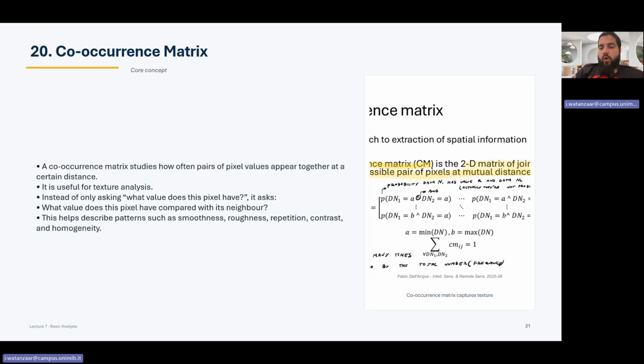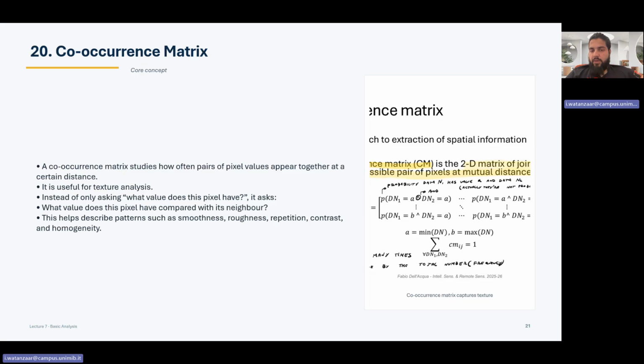Now we are discussing the co-occurrence matrix. As the word makes pretty obvious, co means two, and occurrence means happening, so two happening together in a matrix. A co-occurrence matrix studies how often pairs of pixel values appear together at a certain distance. As in the semivariogram, we looked at the difference between two pixels, not a global mean, and here the same is happening.